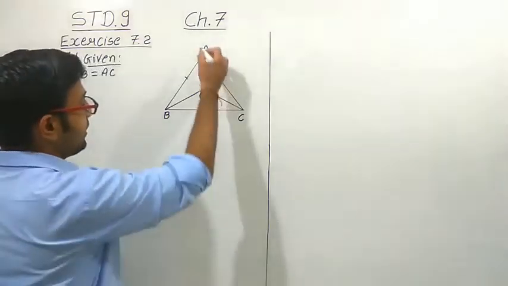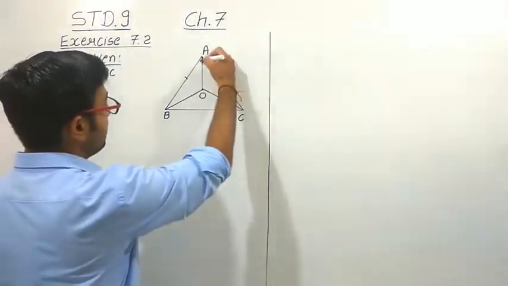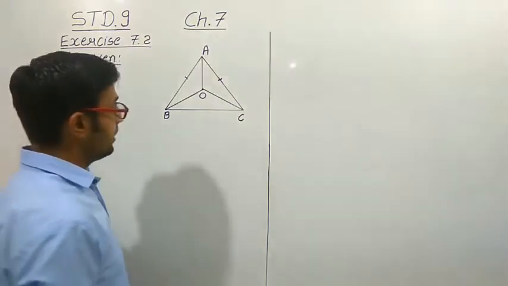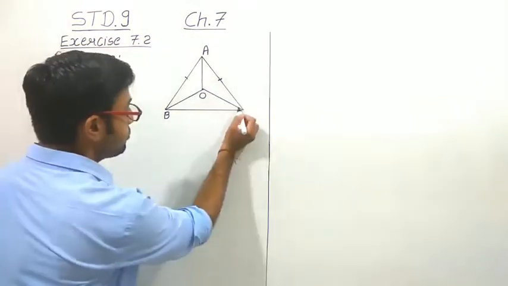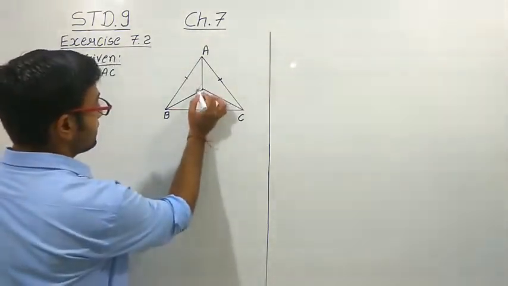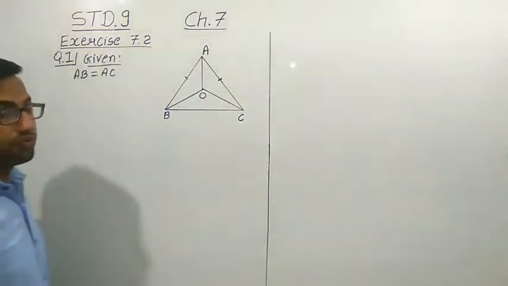Here it is not given that AO is the angle bisector. If it were given, then we could consider these two angles, but it is not given. Again, these two angles are also not given equal. And OB and OC we cannot take because that we have to prove.